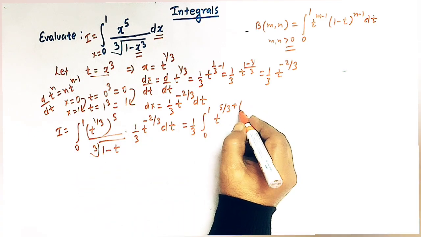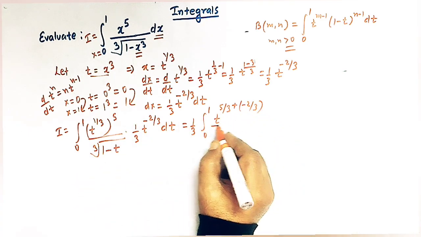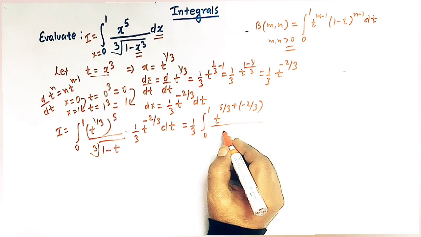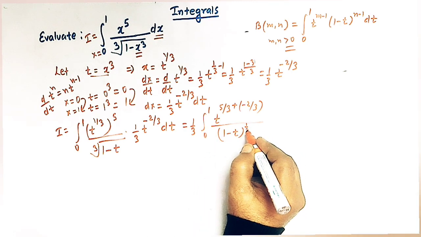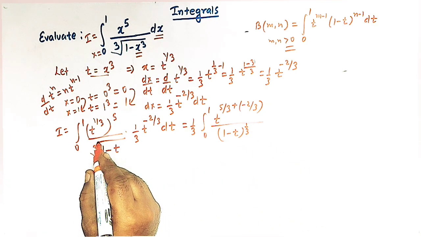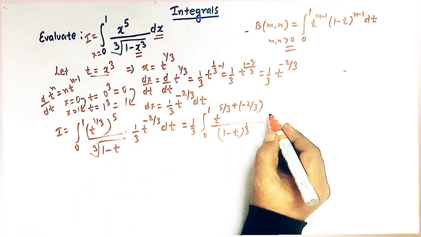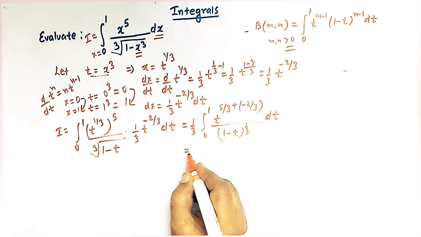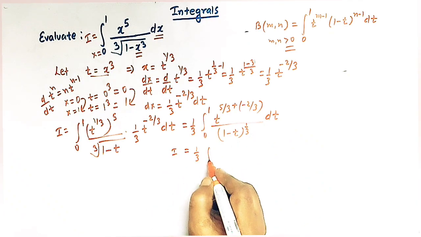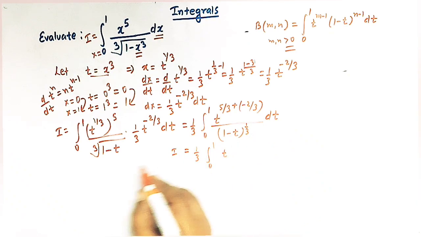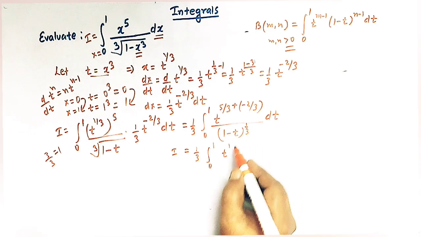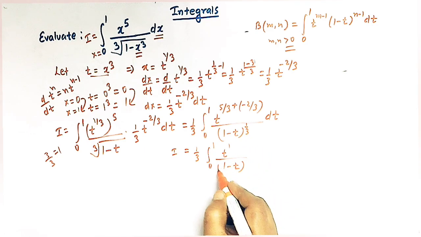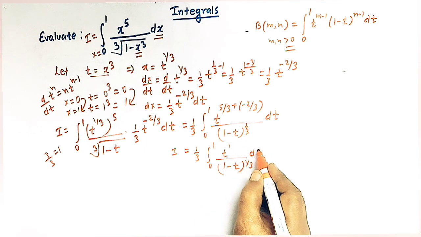So we have plus minus 2 by 3, and in the denominator we can now write 1 minus t raised to 1 over 3, because this is cube root of 1 minus t, and here we have dt. So now I is equal to 1 over 3, 0 to 1, and t raised to this is 5 minus 2 over 3, and 3 over 3 is 1. So here we have t raised to 1, and then we have 1 minus t raised to 1 over 3 dt.